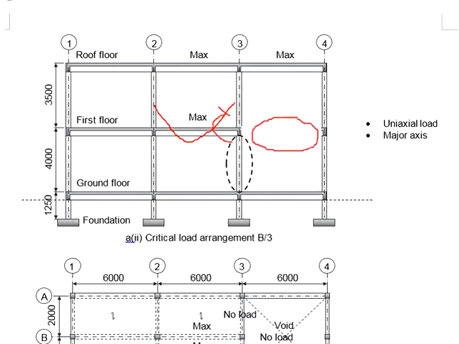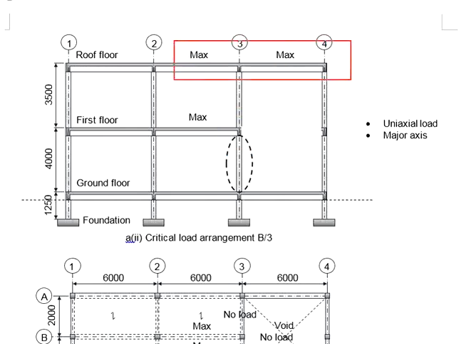Whatever fixed end moment generated here, it will be absorbed by the joint. Based on the stiffness of the column, with respect to the total stiffness of the joint, you are able to determine the moment taken by the column. Under the setting of the largest possible moments here, the rest of the load will be maximum load.